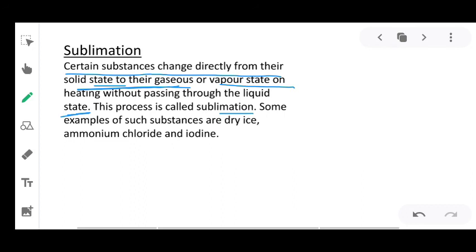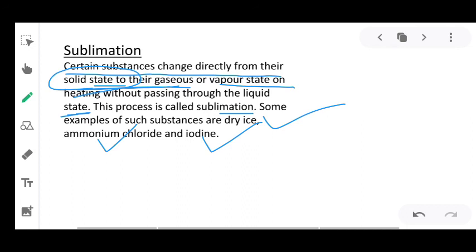Okay, for example, dry ice, ammonium chloride, iodine, these are examples of sublimation. Okay, remember sublimation means what? The process in which the substance changes directly from its solid state to its gaseous or vapor state. That process is known as sublimation.